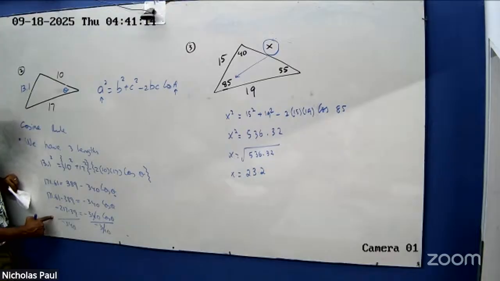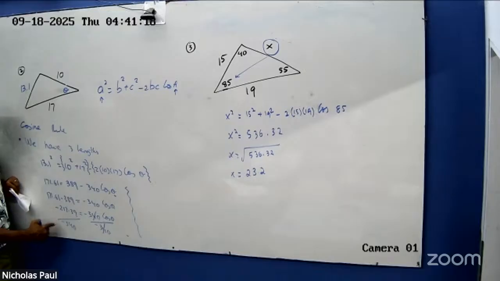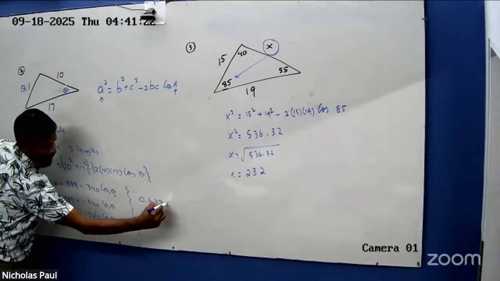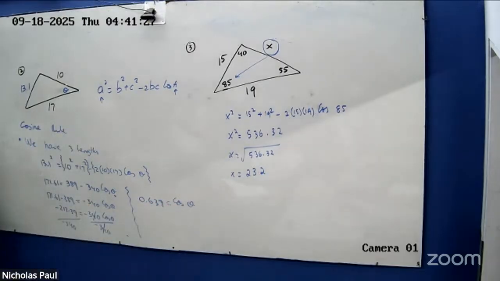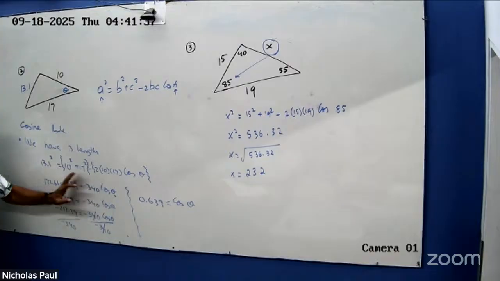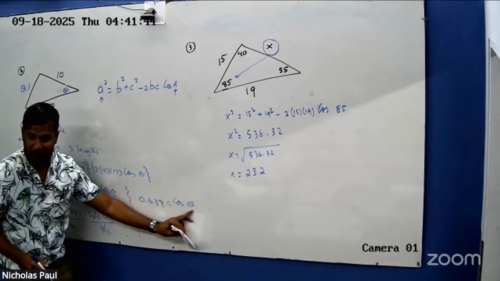How much is this? 0.639 is equal to cos theta. You can work it out from here in one go, but I do know all the steps, so next week you can see how to do it. Let's make theta the subject.